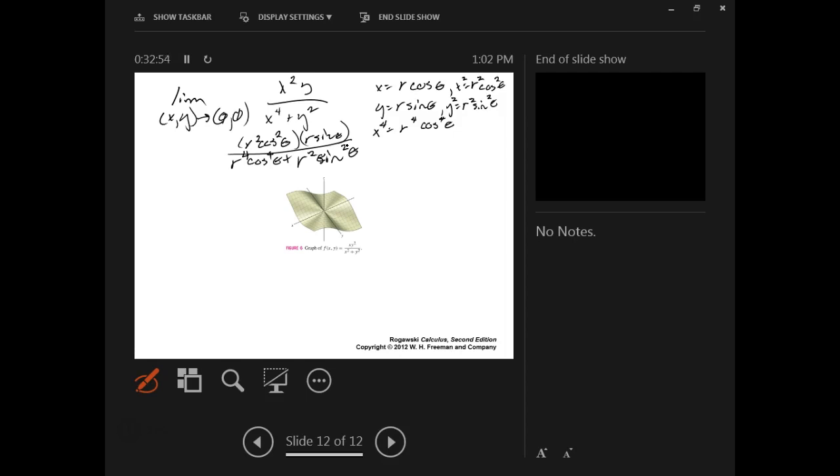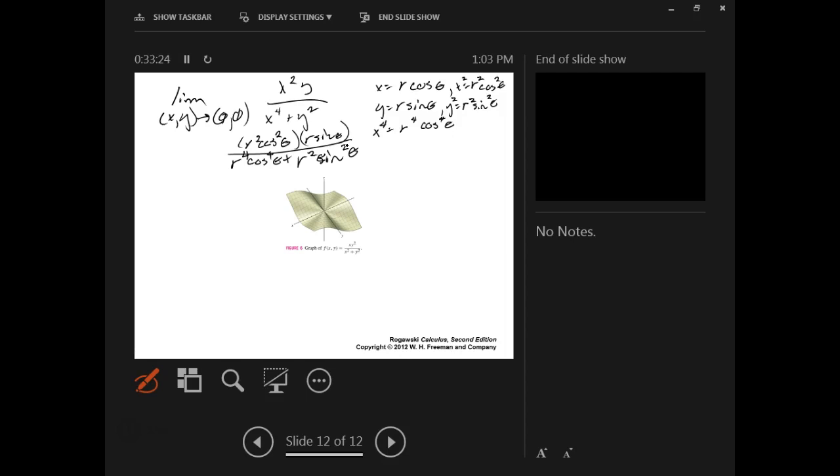The problem with this approach is you have a higher degree of r in the denominator than you do in the numerator. And what that produces is an r cubed over r to the fourth. That's a 1 over r.